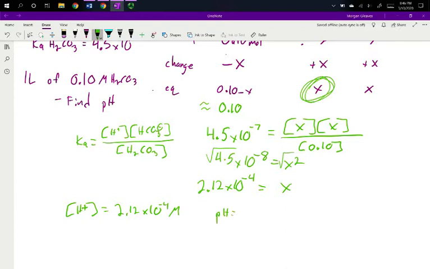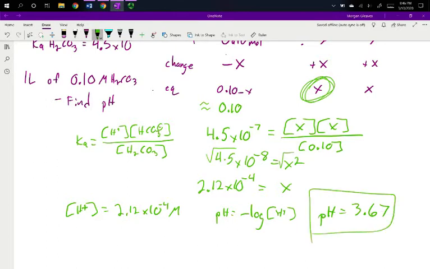My pH will equal the negative log of my H plus. So my pH is going to equal 3.67. So carbonic acid is, on its own, pretty darn acidic. It's an acid. It's going to be reasonably acidic.